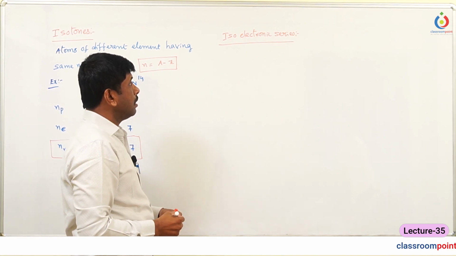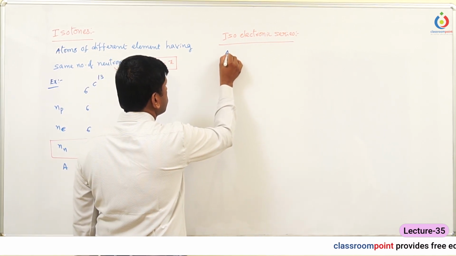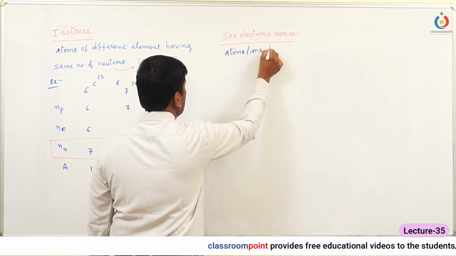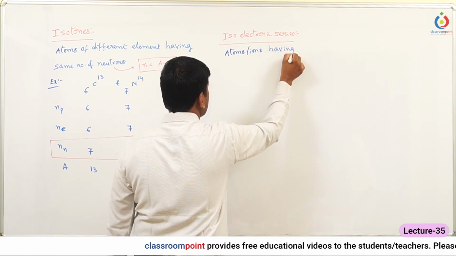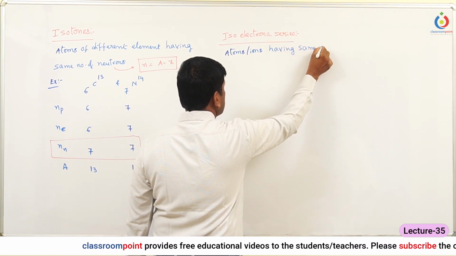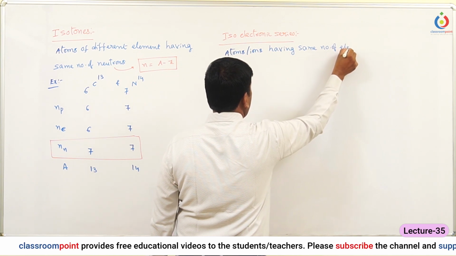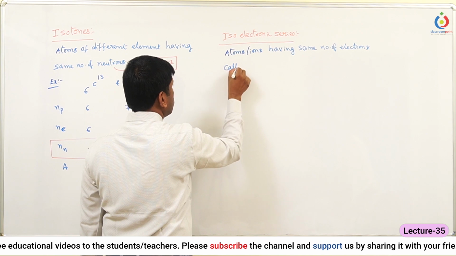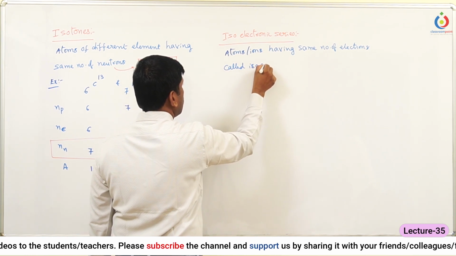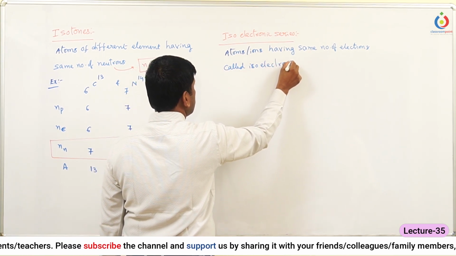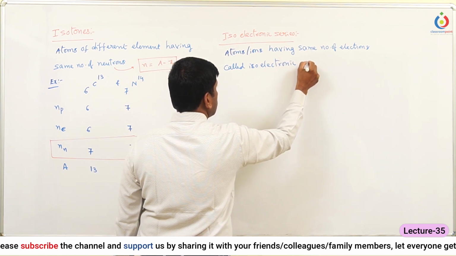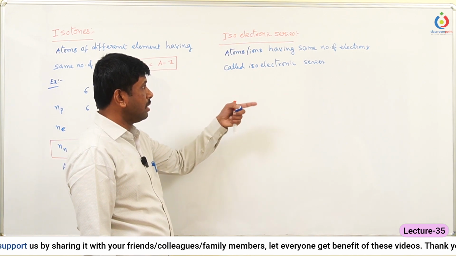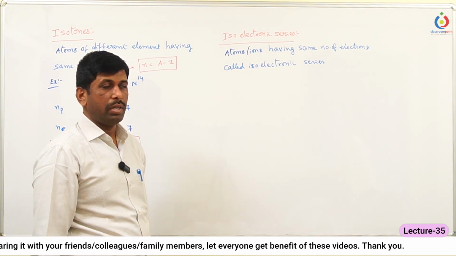Isoelectronic series means the atoms or ions having the same number of electrons are called isoelectronic. That series of compounds are known as the isoelectronic series, and the elements or ions are known as isoelectronic in nature.